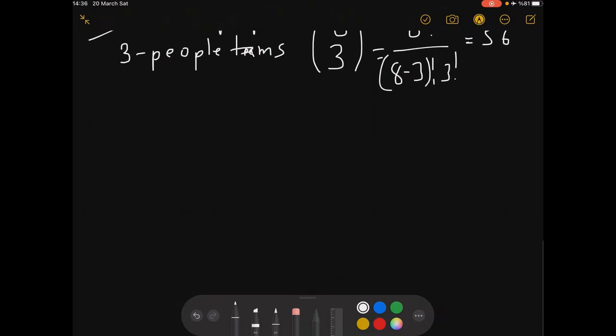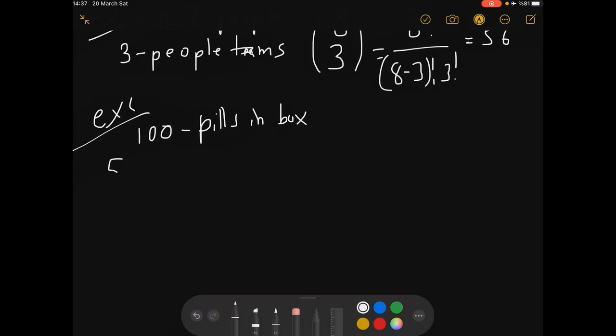Another example, again from the textbook: you have a box of 100 pills in it. How many different sets of 5 pills can be drawn from that box? It means you can have this many.